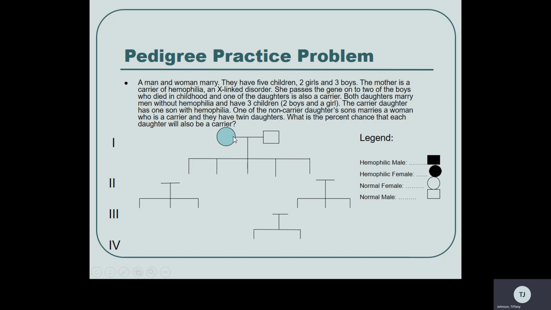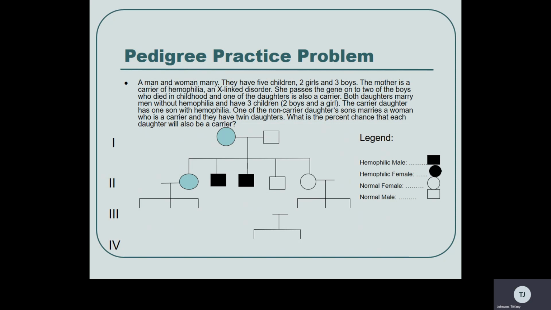They have 5 children. They have 2 girls and 3 boys. Okay. She passes a gene, so she is a heterozygote. So she's X big H, X little h. So she passes the gene to 2 of her boys.